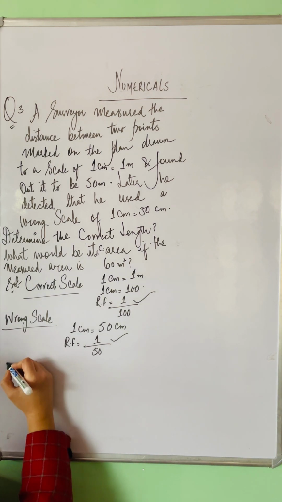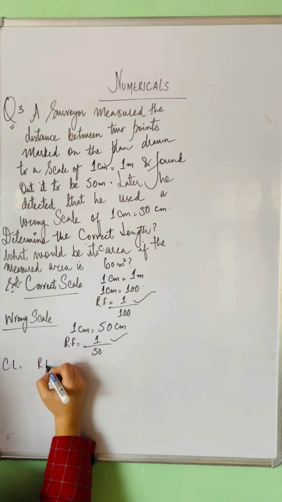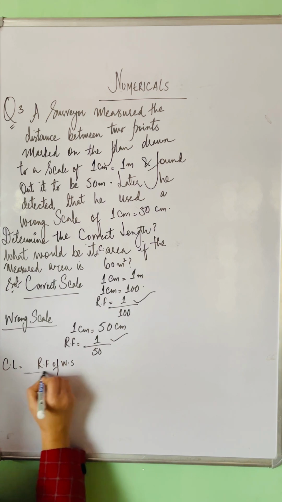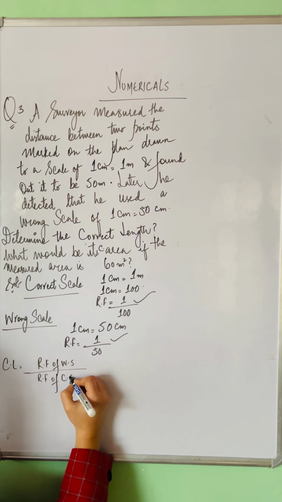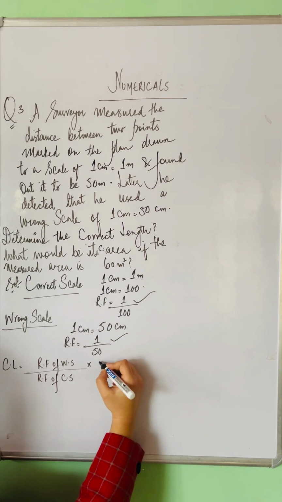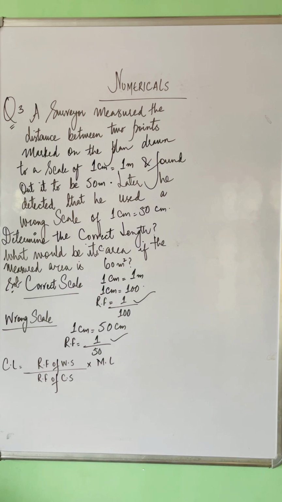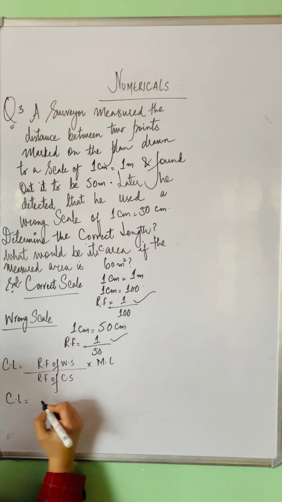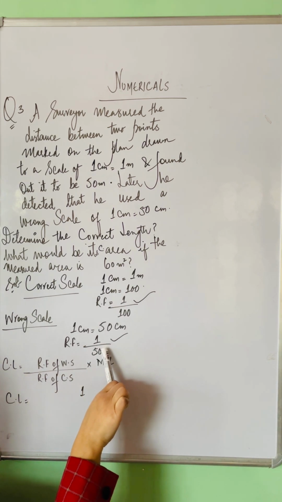As we know, correct length is equal to representative fraction of wrong scale divided by representative fraction of correct scale multiplied by the measured length, right? What is our wrong scale? 1 by 50.